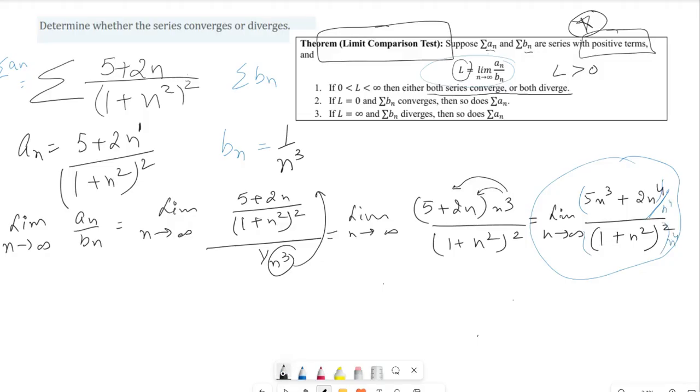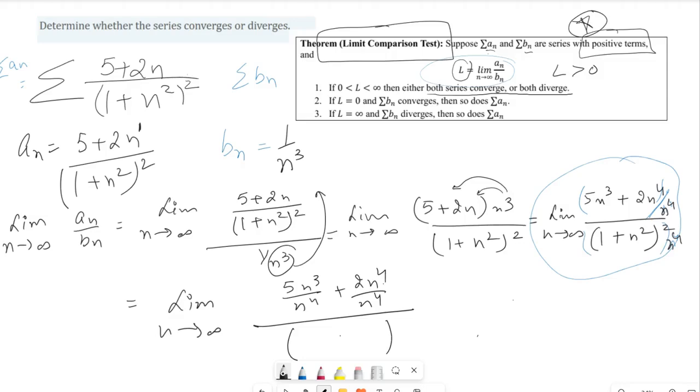What does that basically mean? That means dividing all the terms by n^4. So let's do that. Limit as n approaches infinity of 5n cube by n^4 plus 2n^4 by n^4, divided by, here in the denominator it's a little tricky because it's 1 plus n squared, squared. When you're dividing by n^4, when it goes inside the square, it becomes n squared.